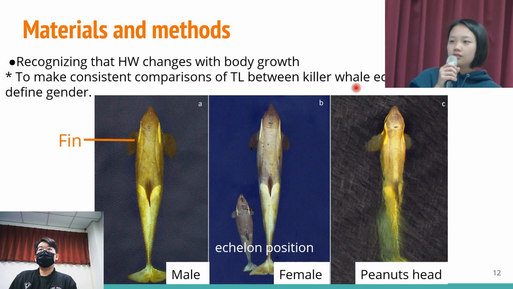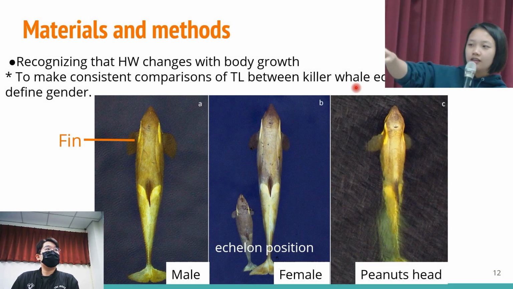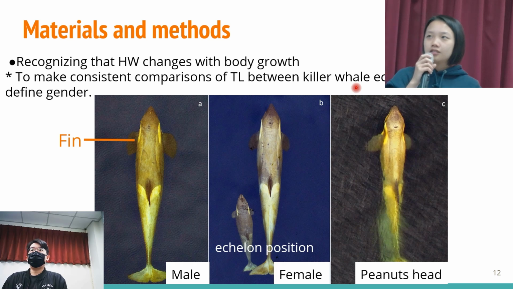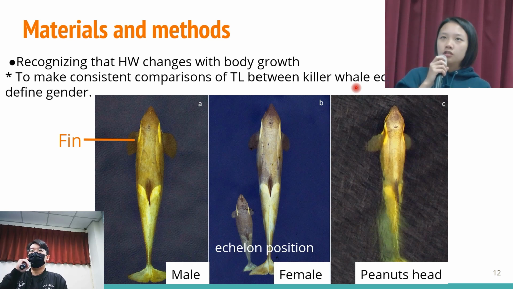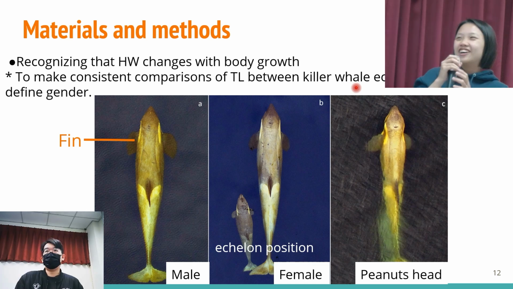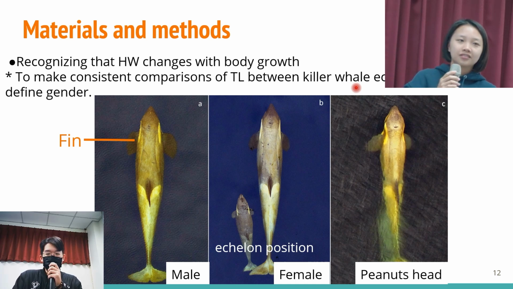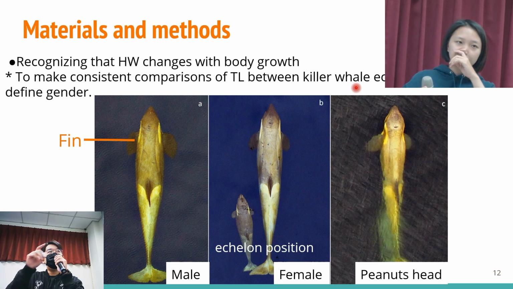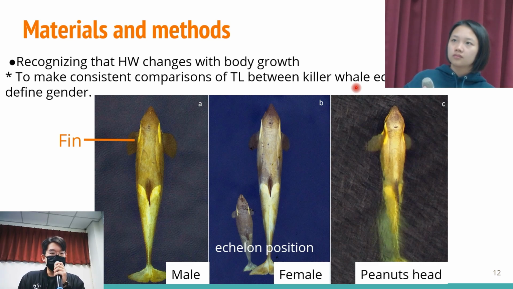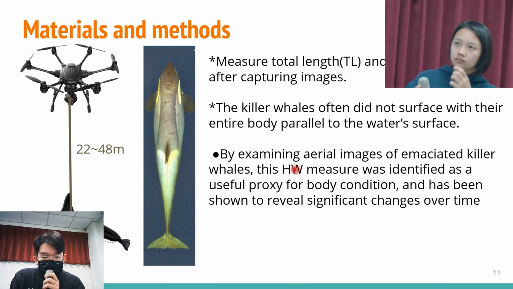You mentioned that the peanut head represents that the killer whale's health condition is not good. Yes. Why does the killer whale present this outlook? The peanut head just means its head width is small, and head width was identified as a useful proxy for body condition.